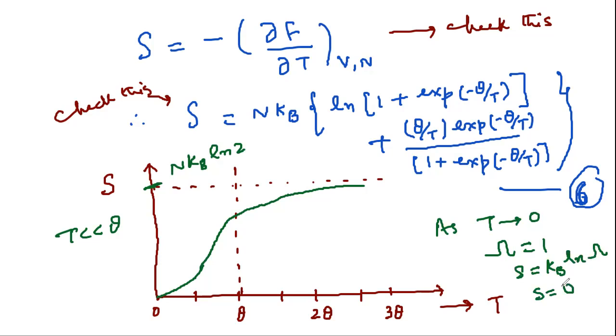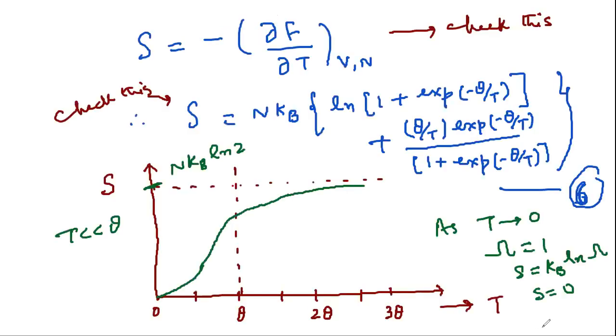Now at high temperatures, the particles are randomized between the two states so that sigma is equal to 2 raised to the power n, because states available are 2, particles are n. So S reaches the expected value, which is n kB ln 2, which you can see from the figure.